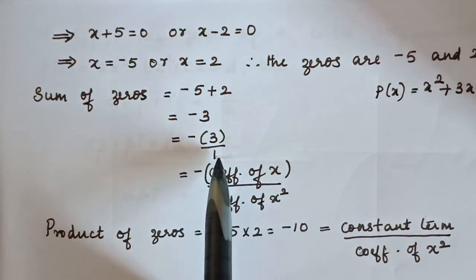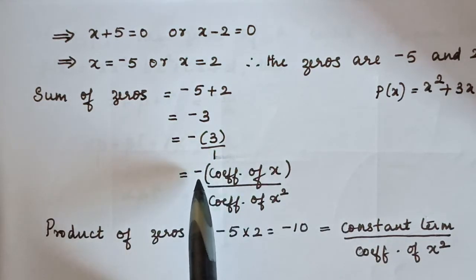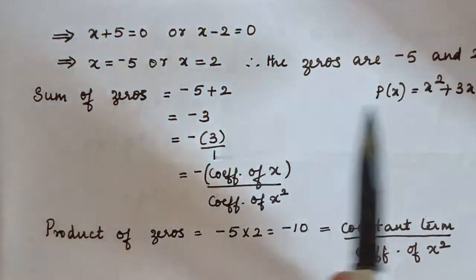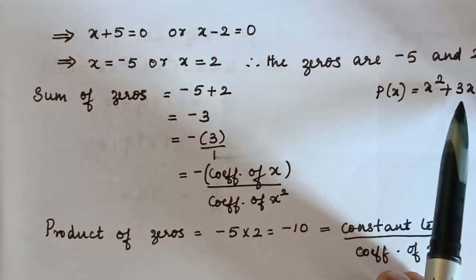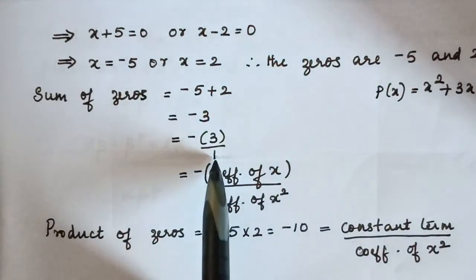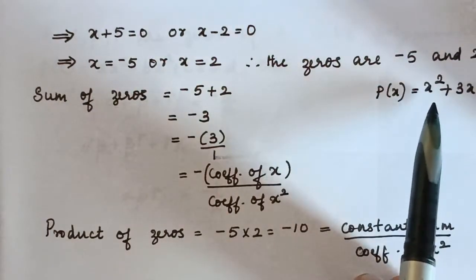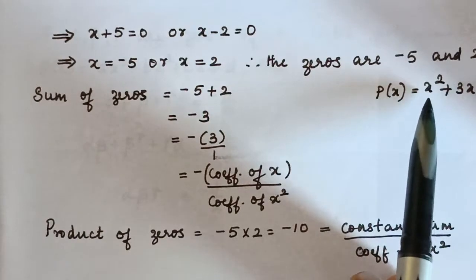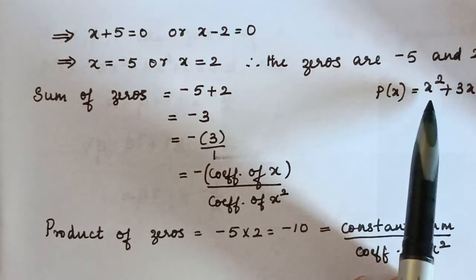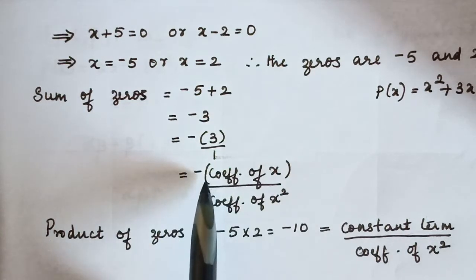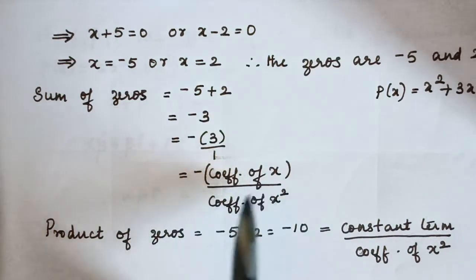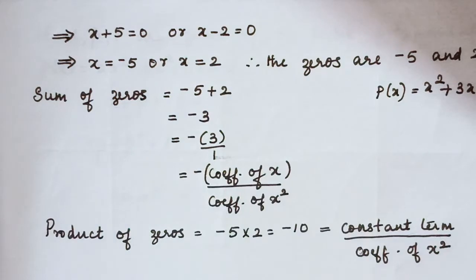That means this can be written as minus of, what is 3 here in the polynomial? It is the coefficient of x. And what is 1? In the polynomial we can see that 1 is the coefficient of x squared. So we can write it as minus coefficient of x divided by coefficient of x squared.